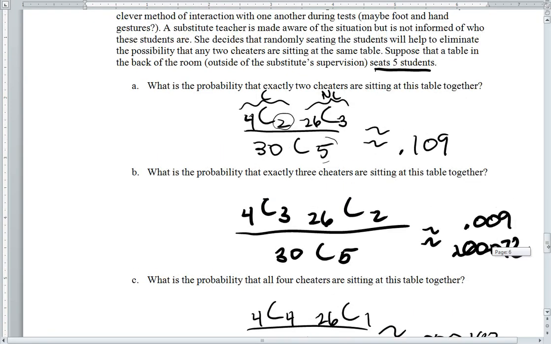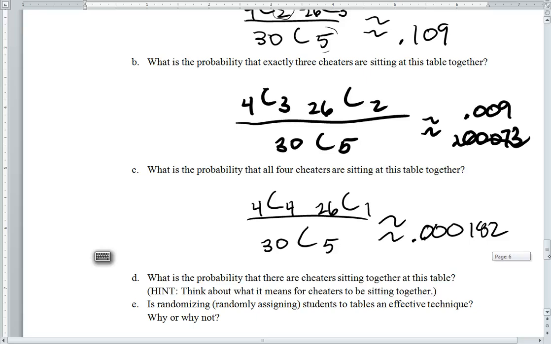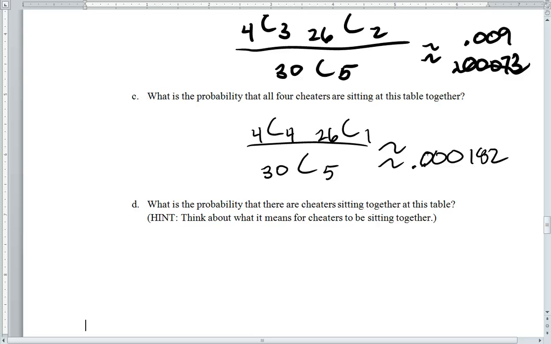But if you want to look at the probability of getting at least 1, you can add up all the probabilities that correspond to having exactly 1, exactly 2, exactly 3. What is the probability that there are cheaters sitting at this table? Think about what it means for cheaters to be sitting together. Either we have 1 cheater, 2 cheaters, 3 cheaters, or all 4 cheaters.